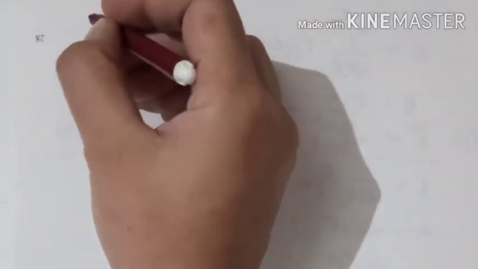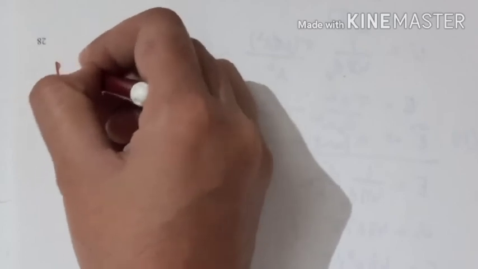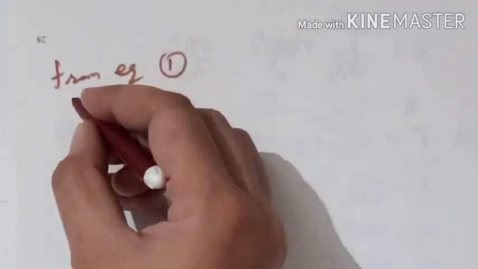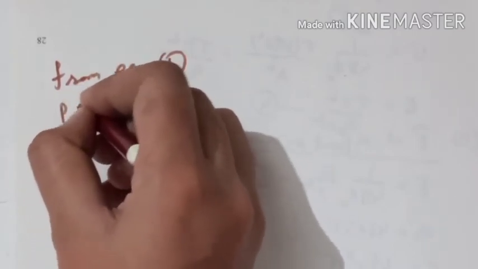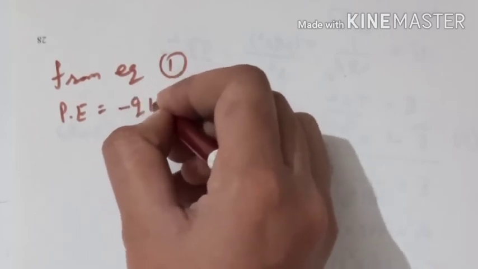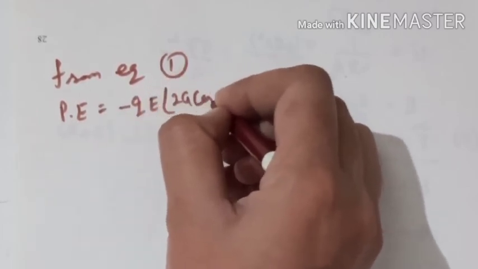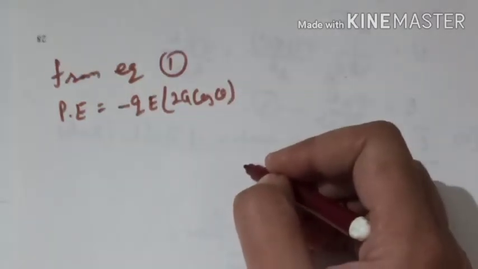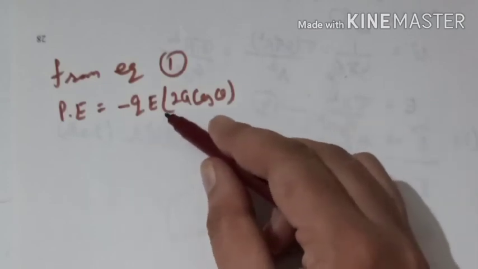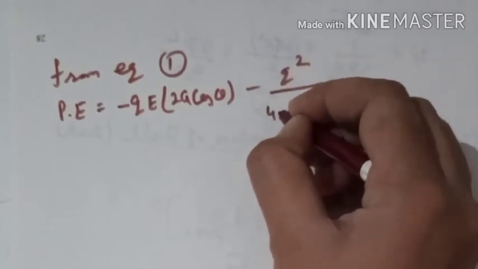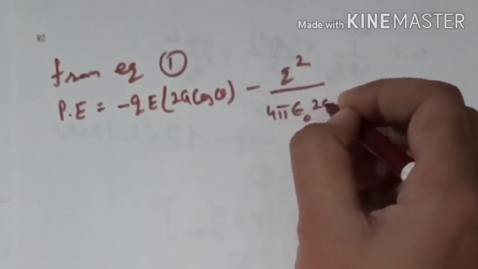So from equation number 1, the potential energy is equal to q is common, minus q E 2a cos theta. This is the value of V of R1 minus V of R2. So here it is minus q E 2a cos theta minus q square over 4 pi epsilon naught into 2a.